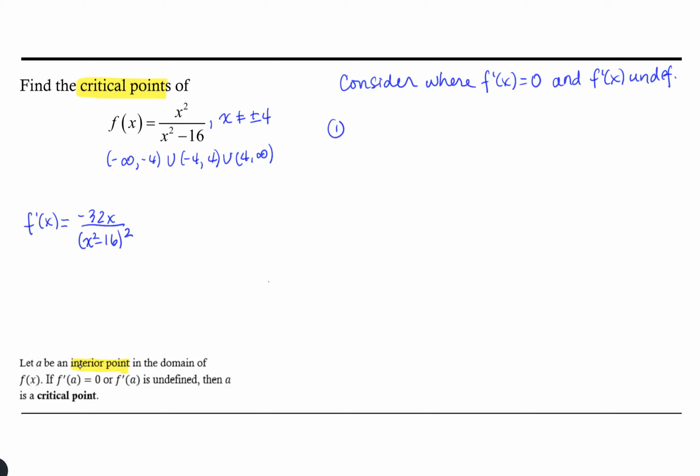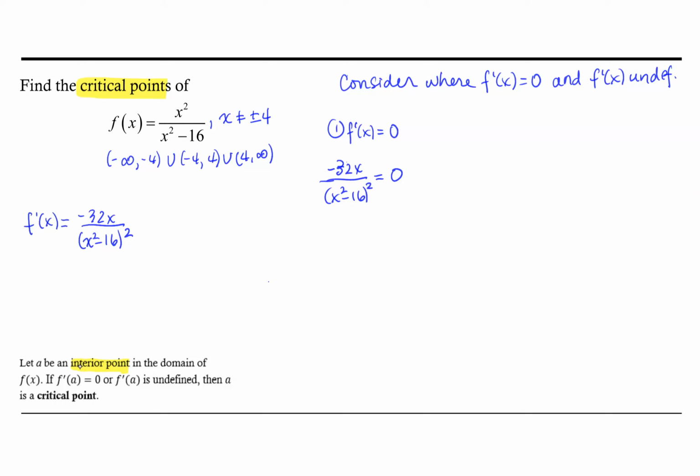So first, f prime of x equals 0 means we're looking for where negative 32x over the quantity x squared minus 16 squared equals 0. Well, I can multiply both sides of that equation by the quantity x squared minus 16 squared.